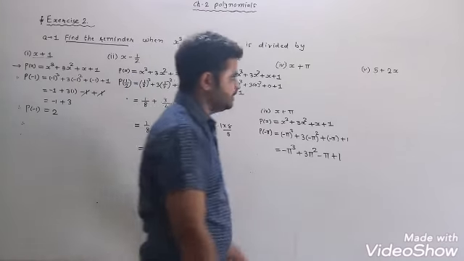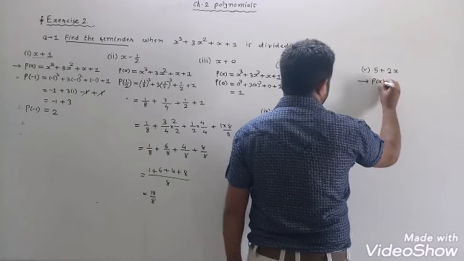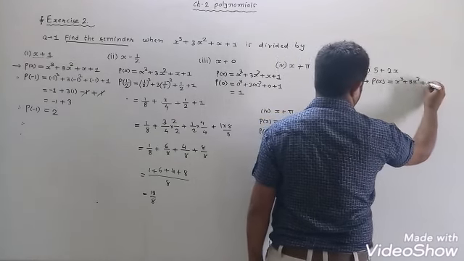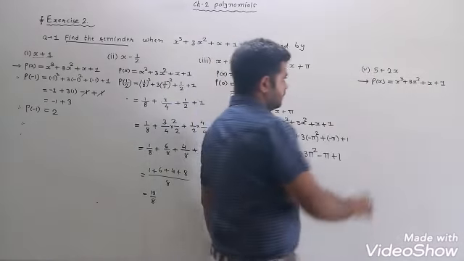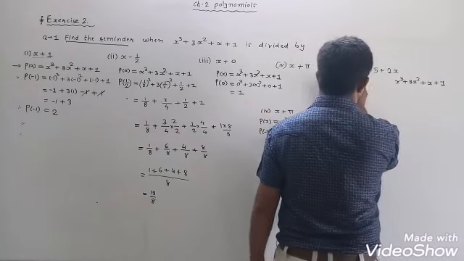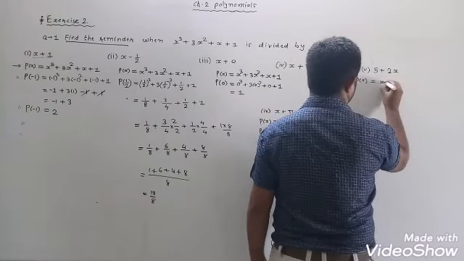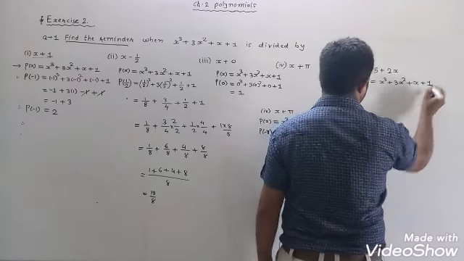Now the fifth question. The fifth question is important. Here the polynomial is p of x is equal to x cube plus 3x square plus x plus 1.